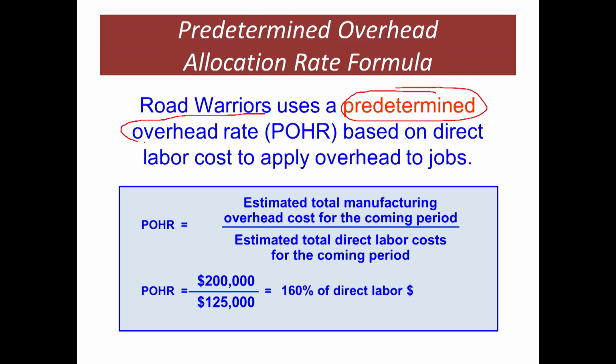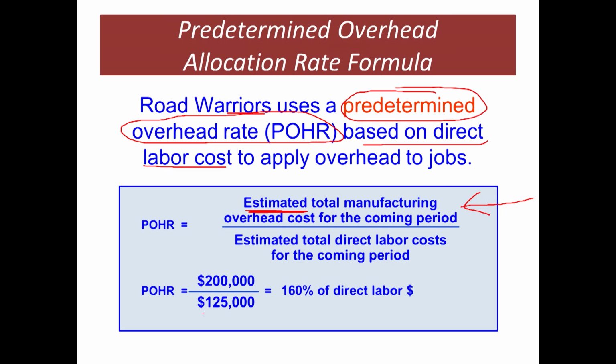Now, how did we come up with that predetermined overhead rate? Well, here's what we did. We decided to base it on direct labor cost. So what we did at the beginning of the period was we estimated, what do we think our total manufacturing overhead cost will be for the upcoming period?